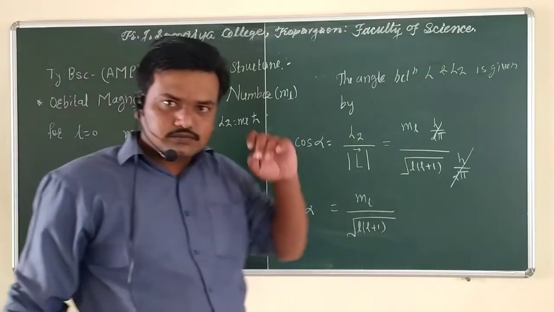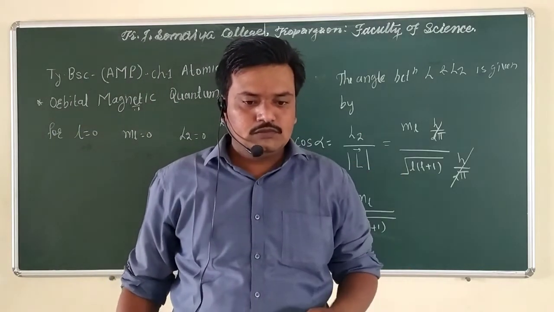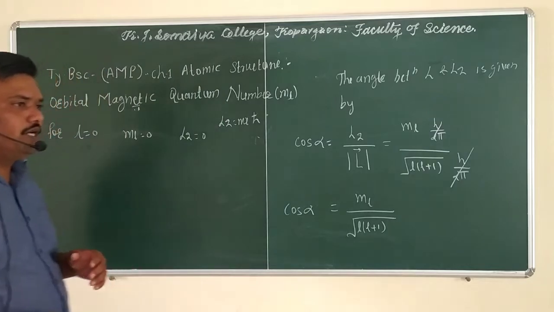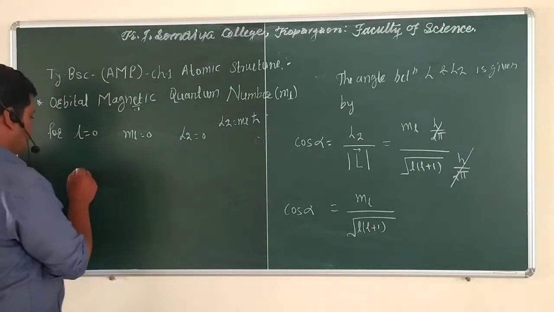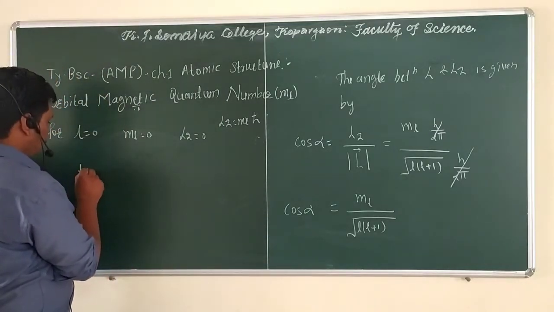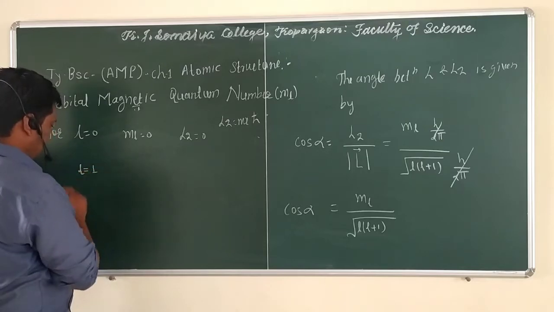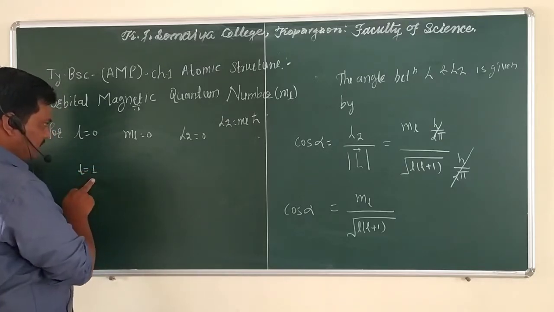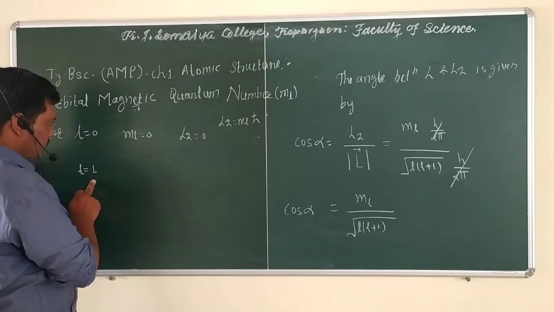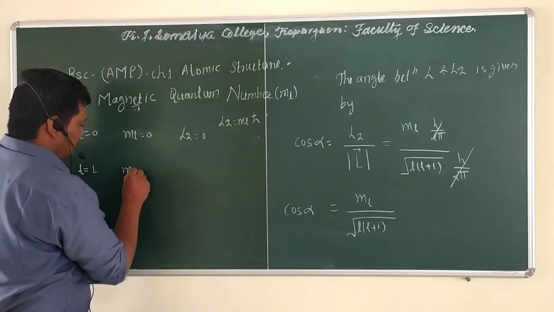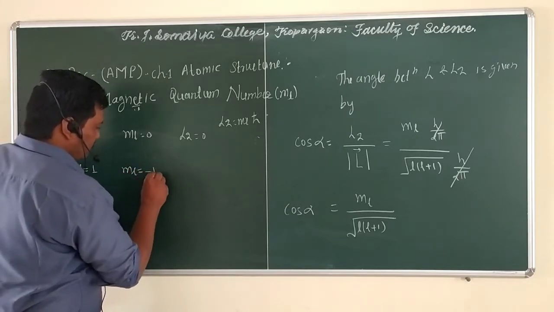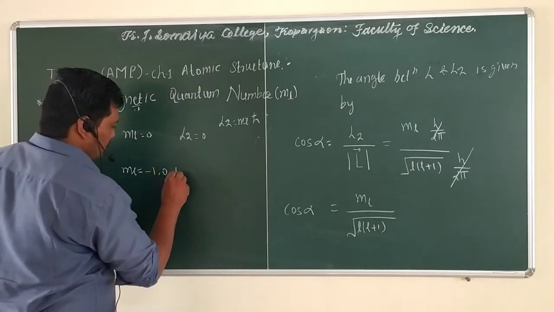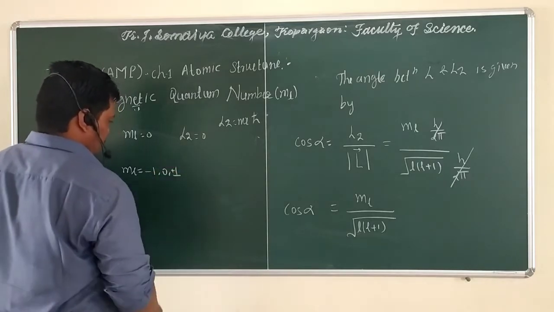And if we take here, for example, l value is equal to 1. Correct. So if small l, that is orbital quantum number, is 1, then ml value is given by -1, 0 and +1.